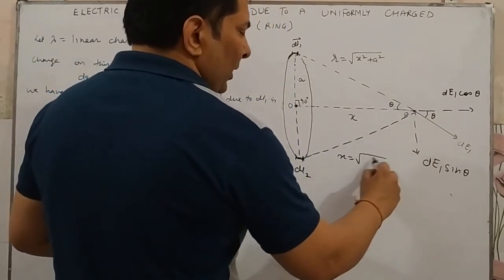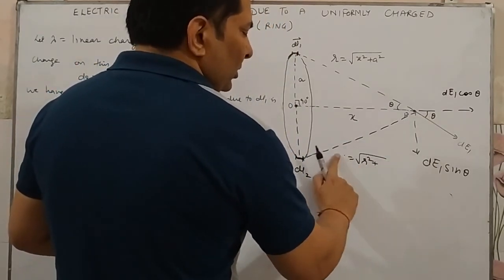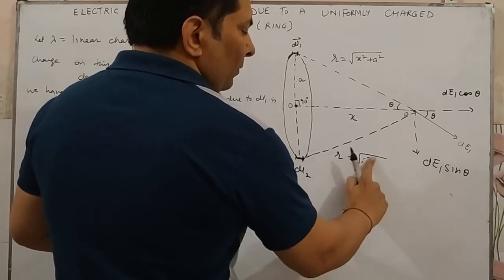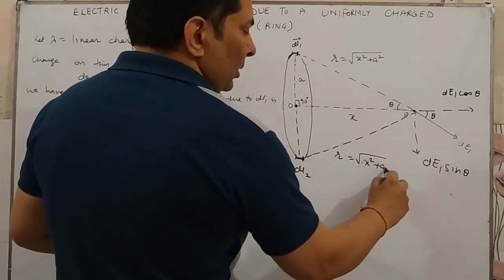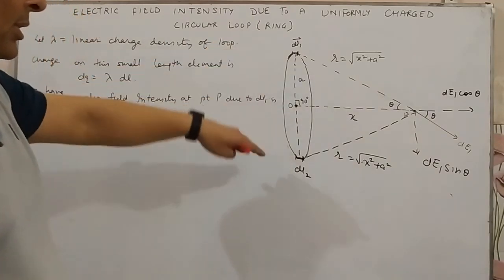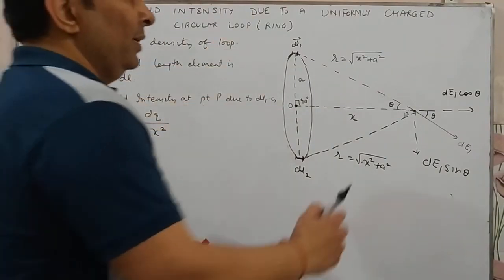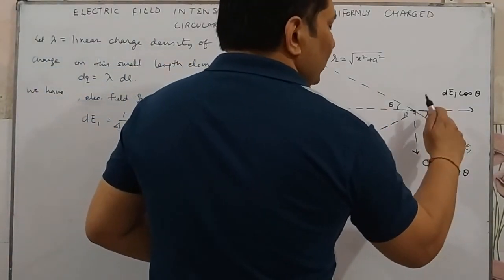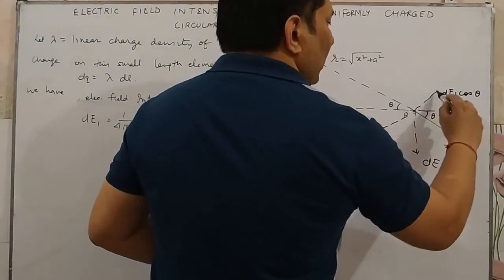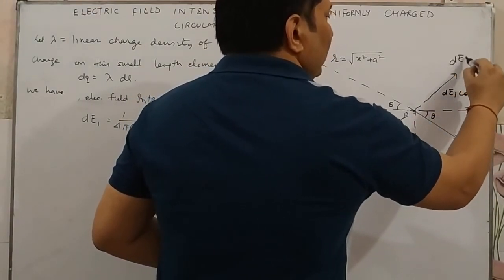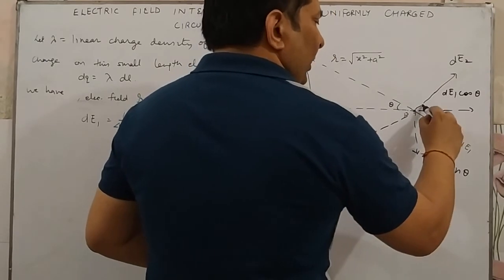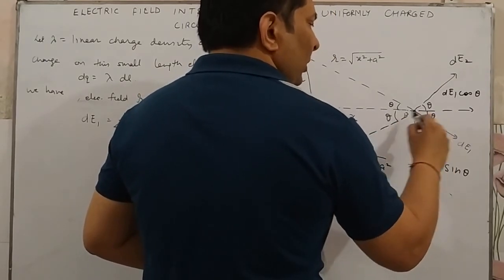Why? Same distance. So this is equal at distance r, which is root of x square plus a square. These are the same, diametrically opposite end. So electric field due to this second element, let it be equal to dE2. Again angle is theta. So this is theta.